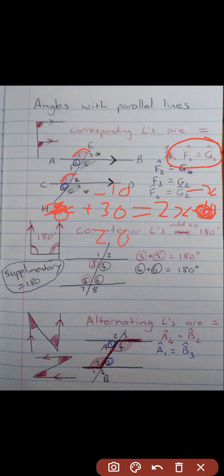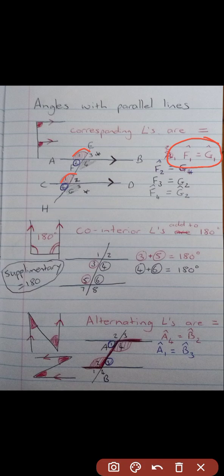And on the other side, we've got 2x minus x, which is x. So then our x is equal to 20. We've used corresponding angles to work it out by creating an equation to find out what the x is.